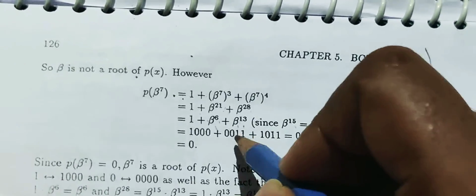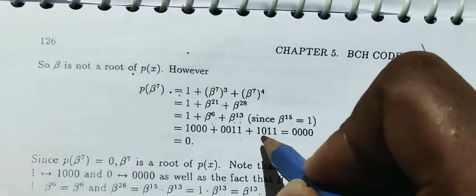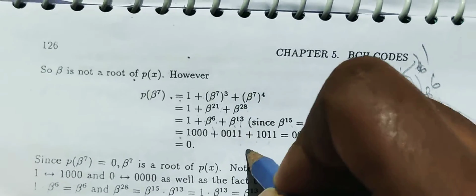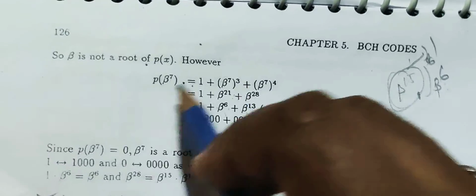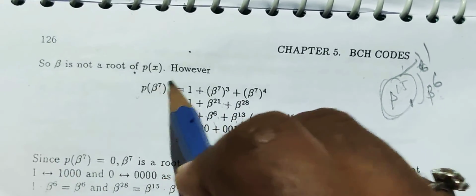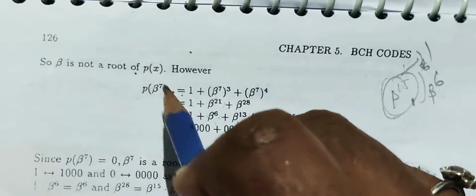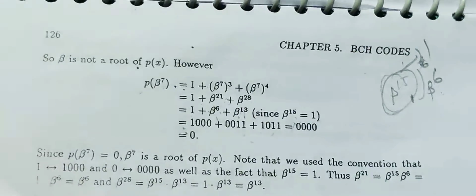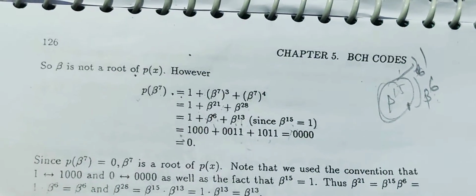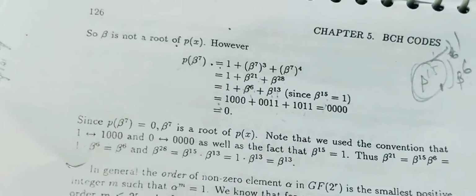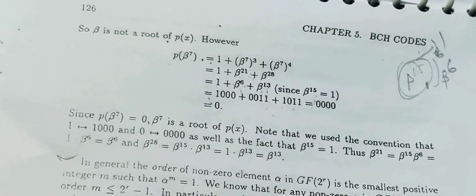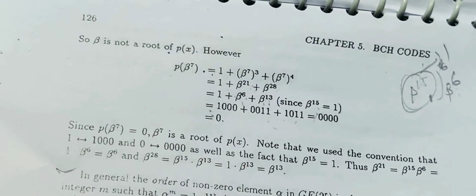Beta raised to 6 is 0 1 1 0, and beta raised to 13 is 1 0 1 0. So adding these 3 elements, we get 0 0 0 0. So p of beta raised to 7 is equal to 0. That means beta raised to 7 is a root of this polynomial p of x, while beta is not a root of p of x.